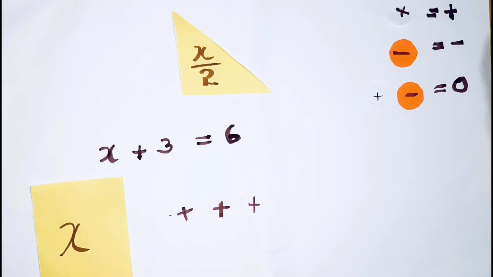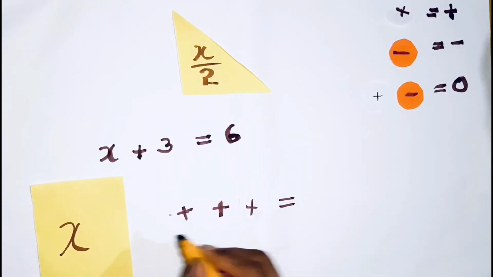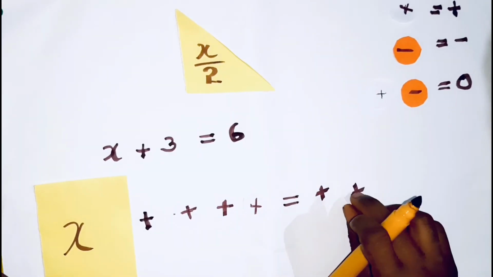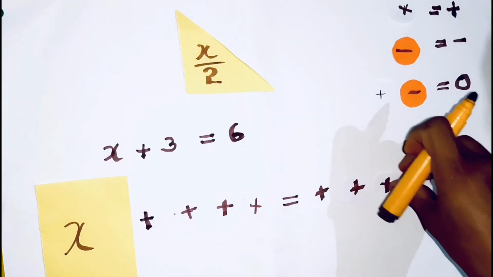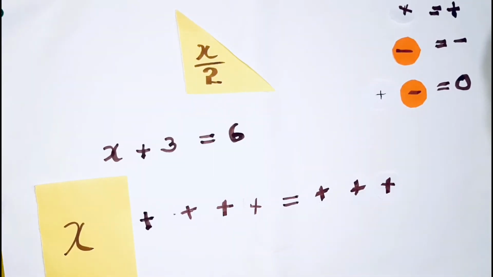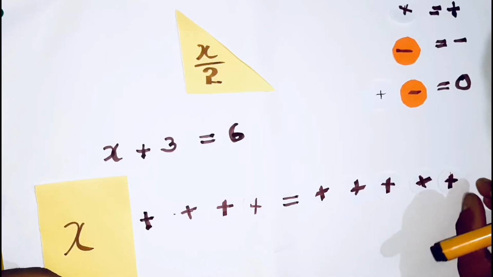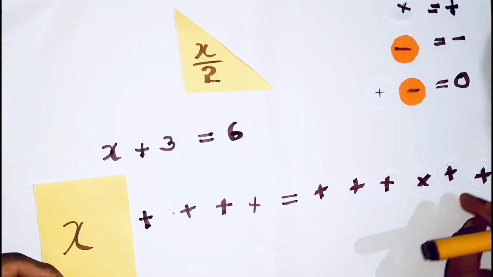Okay, x plus 3, equal to 6: 1, 2, 3, 4, 5, 6.